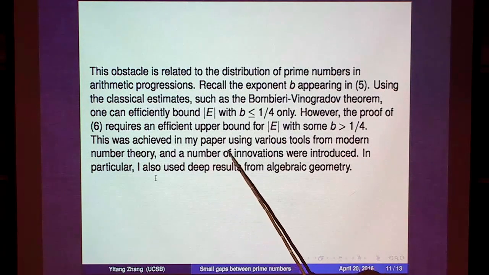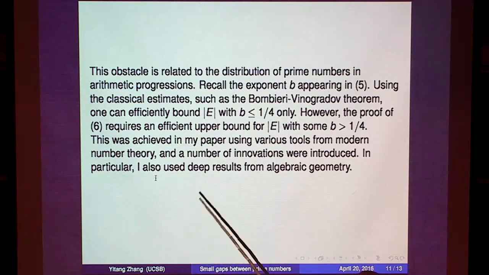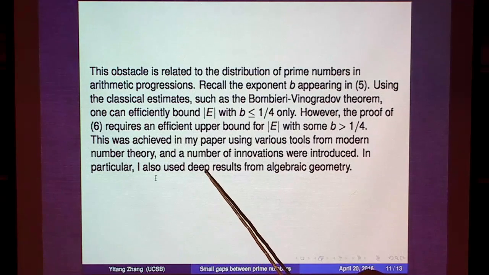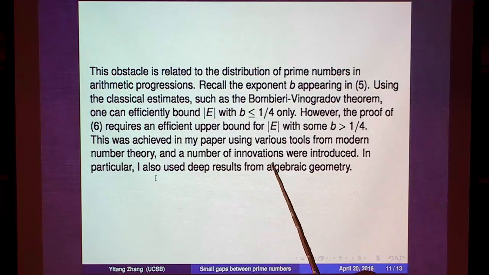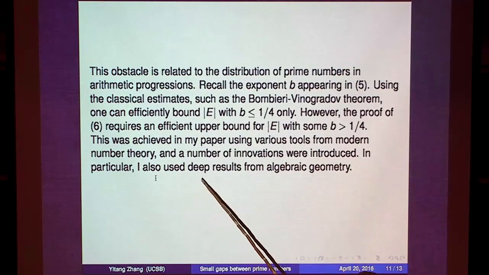Then this was achieved in my paper using various tools from modern number theory. And also, actually, that is a very normal part of my paper. A number of innovations were introduced. In particular, I also used some deeper result, not from number theory, rather from another subject in mathematics, algebraic geometry.